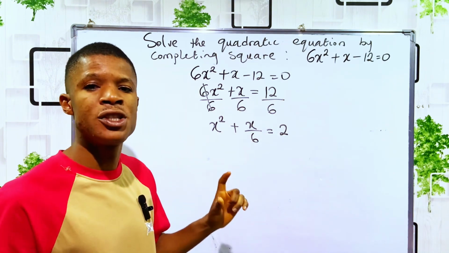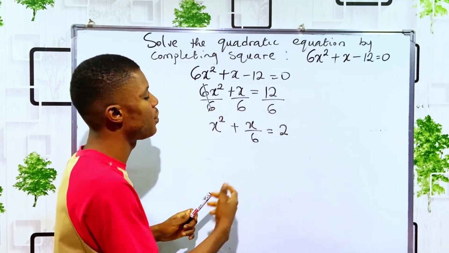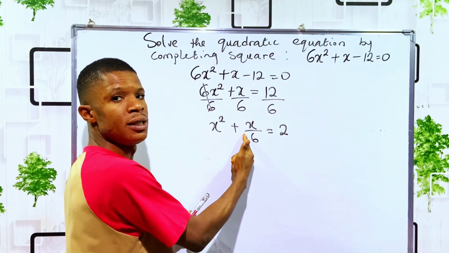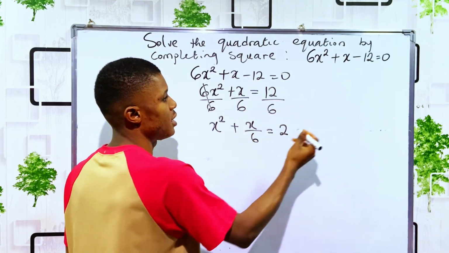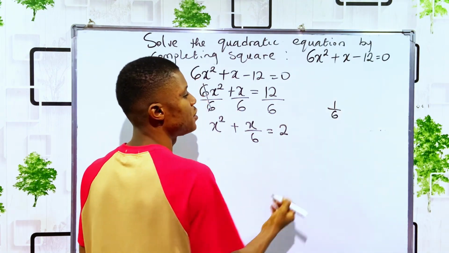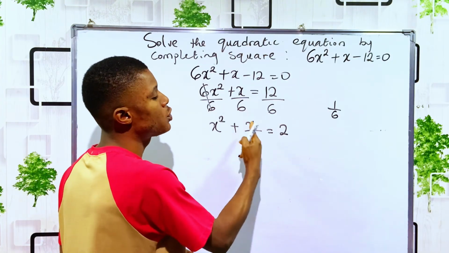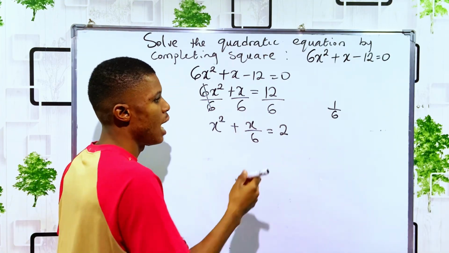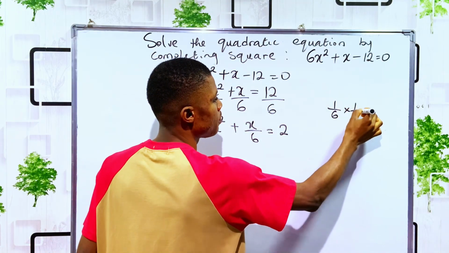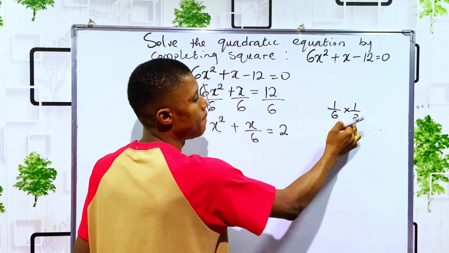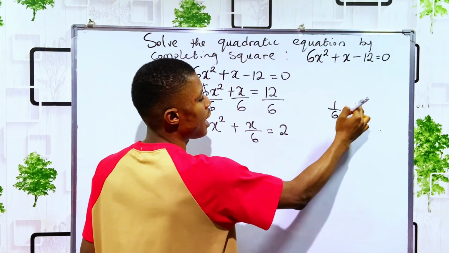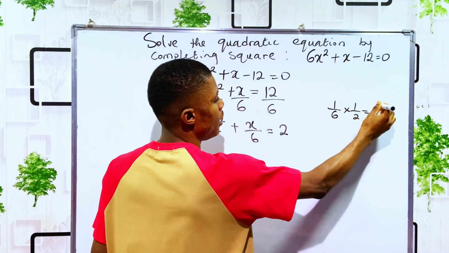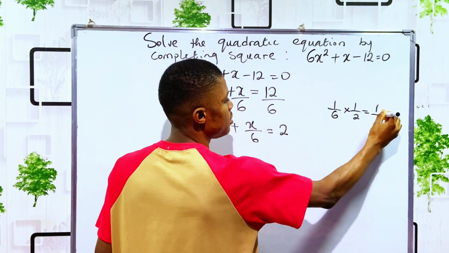The next stage is to look at the coefficient of x. The middle term now is 1 over 6, which is the coefficient of x. So we are going to half the coefficient of x and then square it. To half simply means to multiply by 1 over 2. 1 times 1 is 1, 6 times 2 is 12.